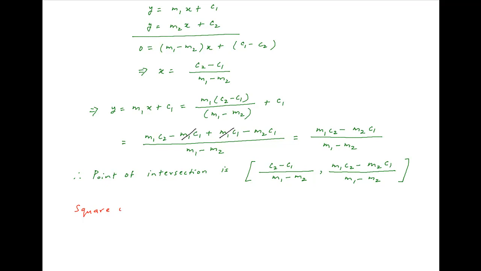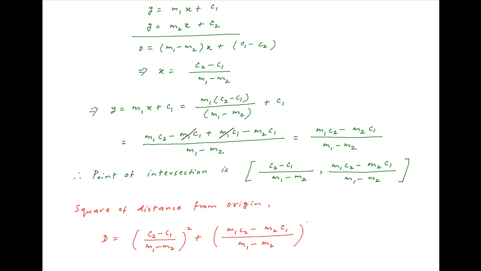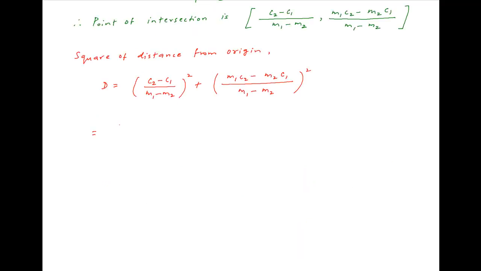Now the square of the distance of this point from the origin, let's denote it by d, is equal to ((c2 - c1) upon (m1 - m2)) whole square plus ((m1c2 - m2c1) upon (m1 - m2)) whole square. And this is equal to 1 upon (m1 - m2) whole square times ((c2 - c1)² + (m1c2 - m2c1)²).